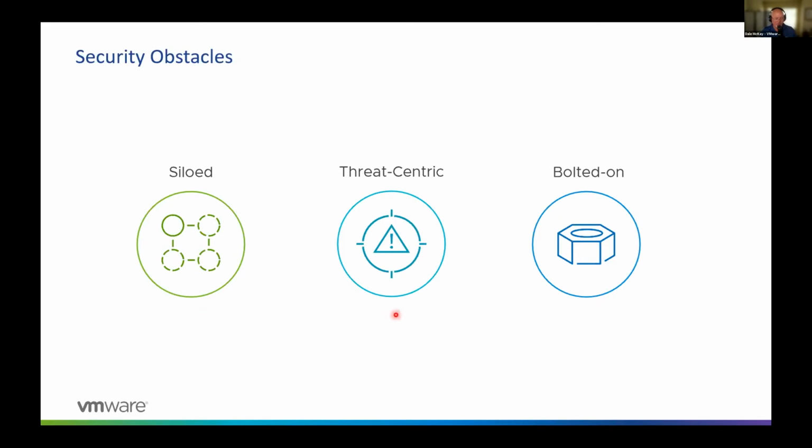Most of the products that we see, or a lot of the legacy products that we see, are also threat-centric, meaning that they are focused on identifying threats, not necessarily classifying whether something is a threat or not. It's just a simple signature match type of perspective. And lastly, a lot of those security products get added on.